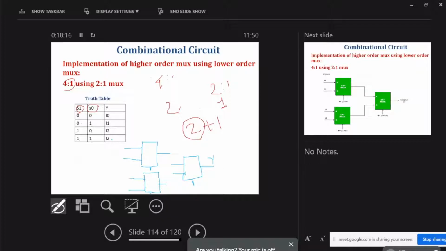Now this will produce Y. The inputs are I0, I1, I2 and I3. In the same order we will provide them as input to those multiplexers, the first level of lower order mux. So I0, this is I1, this is I2, I3.